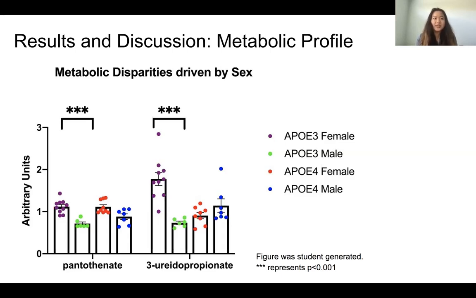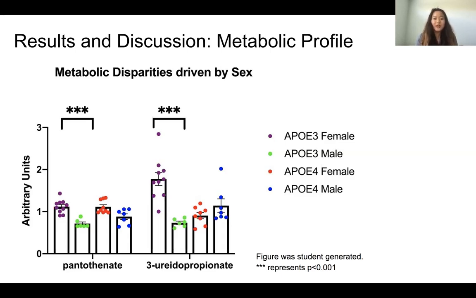Knowing that there is one specific antioxidant that might be the contributor to that protective measure for those female mice who are ApoE3 might be an indicator of a possible therapy.